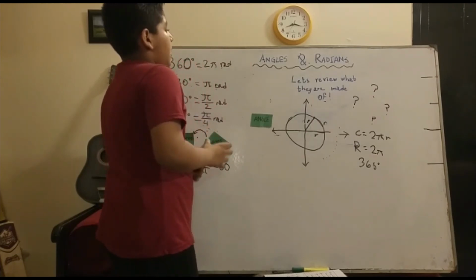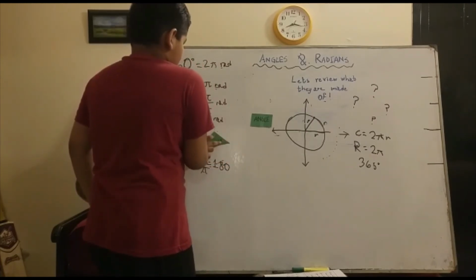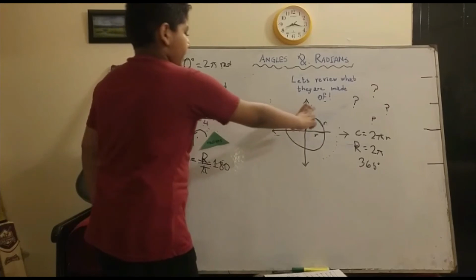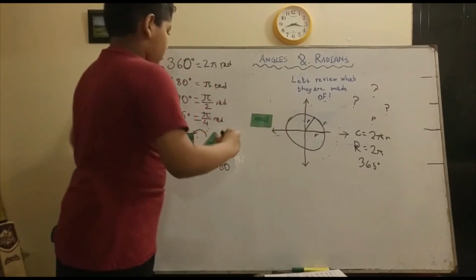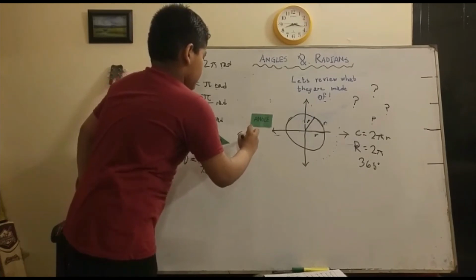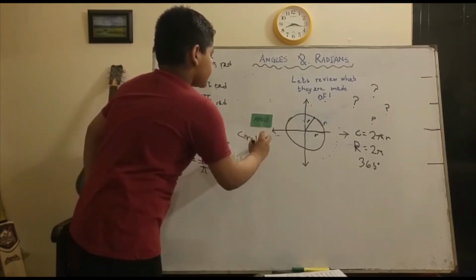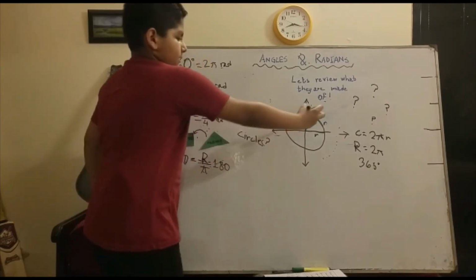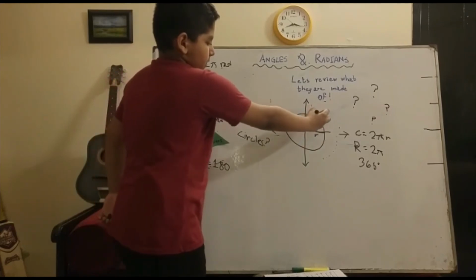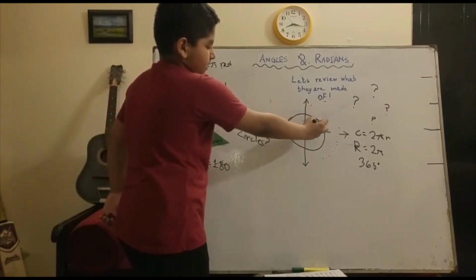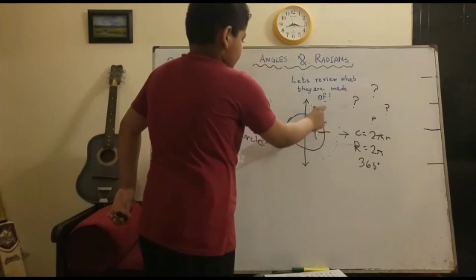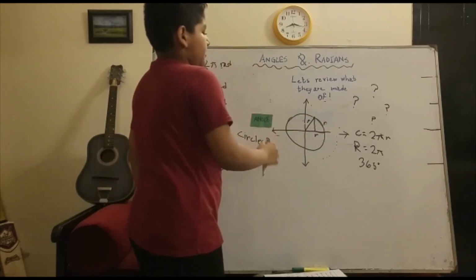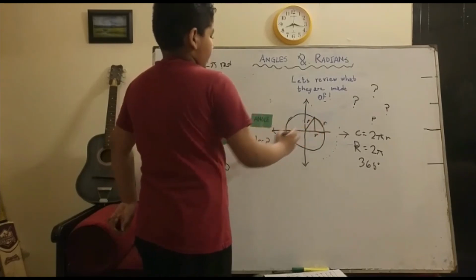Now we know about the two main units of measuring angles. Now, what do circles have to do with triangles? As we did here, if I take a line and put it down, touching the x-axis and elevated, we certainly form a triangle.